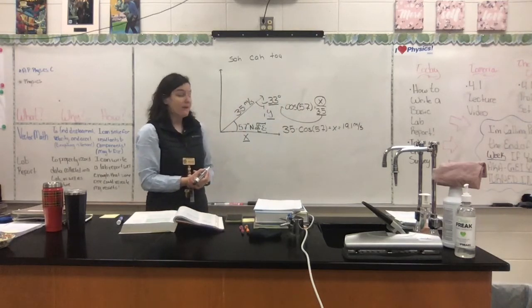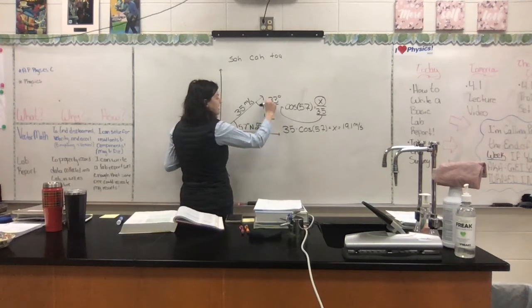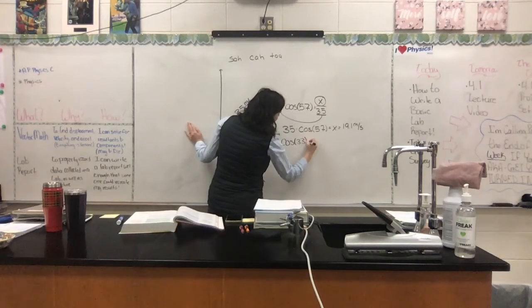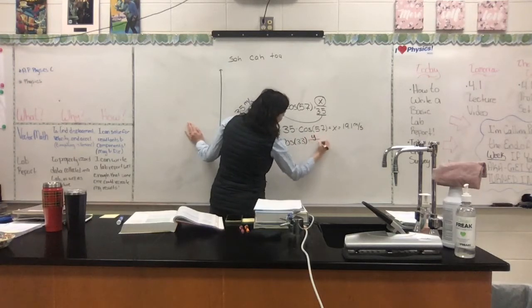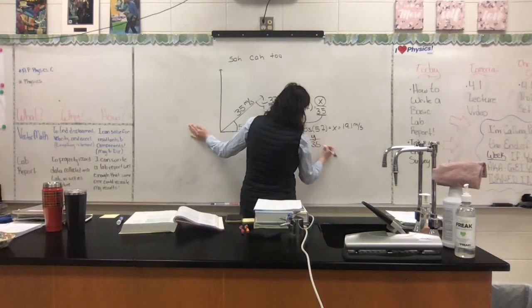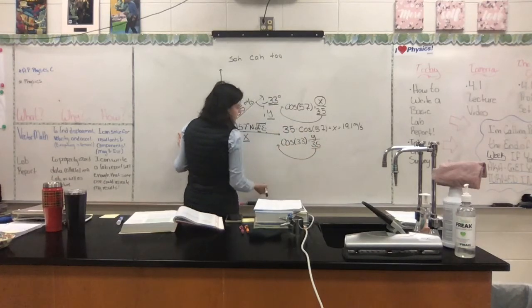Then we need to find the y, okay? So y is adjacent to this angle of 33. So we would have that the cosine of 33 is equal to y over 35, that hypotenuse. Which means, once again, we take this 35, we multiply it by the cosine.